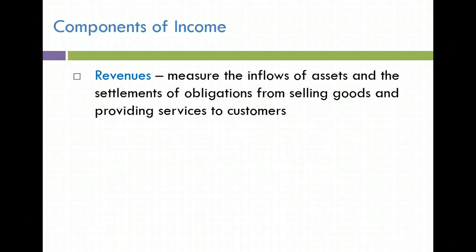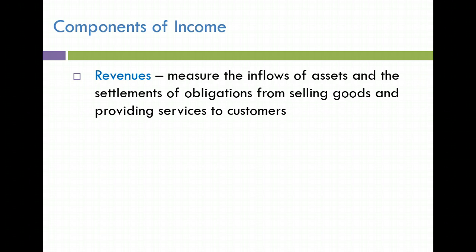So there are various components of income. Revenues. Now, basically what this says, and I personally don't care for this definition, it measures the inflows of assets, which means cash or accounts receivable, and the settlement of obligations, which are accounts payable, from selling goods and providing services to customers.